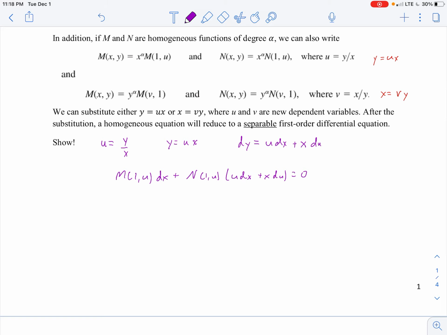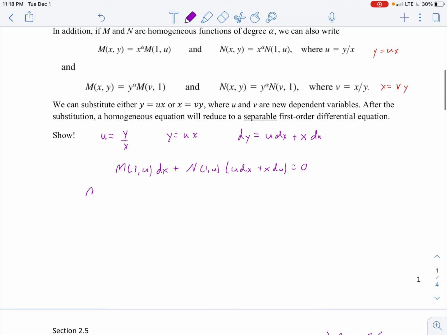So now I'm going to write all my dx's together. I'm going to have M of 1, u dx, and then I also have u times N of 1, u dx, plus x N of 1, u du, and just set that equal to 0.